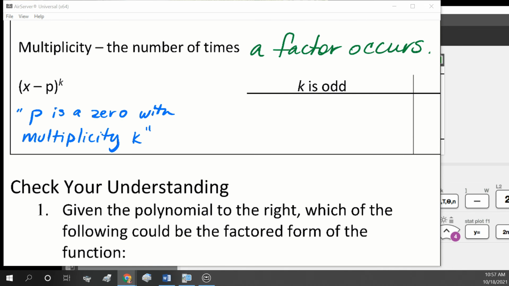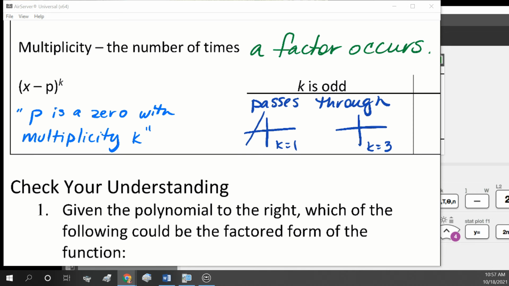And anytime that k is odd, then the graph passes through at that 0. Now, if k is 1, it passes through like a line.